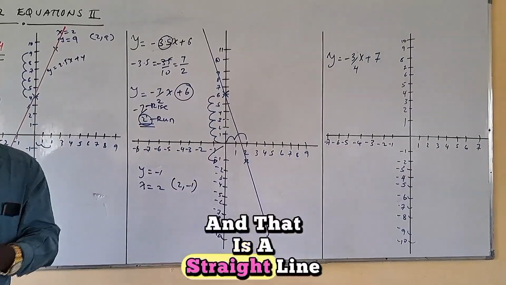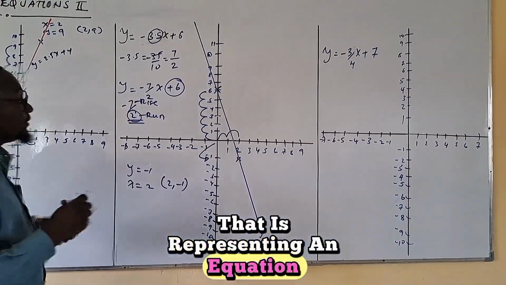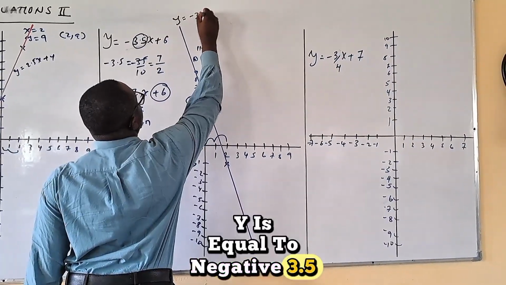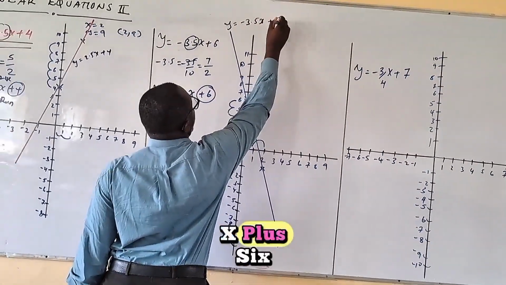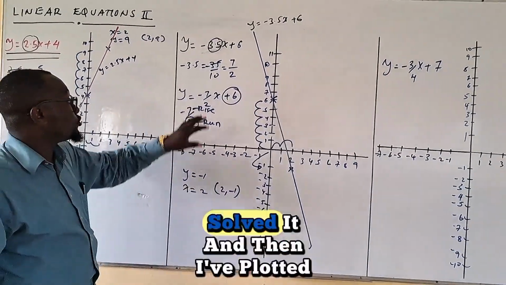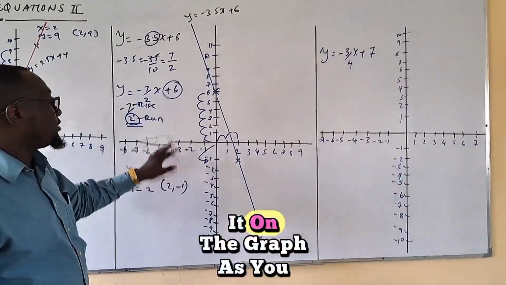And that is a straight line representing the equation y is equal to -3.5x plus 6. So I have already solved it, and then I've plotted it on the graph, as you can see there.